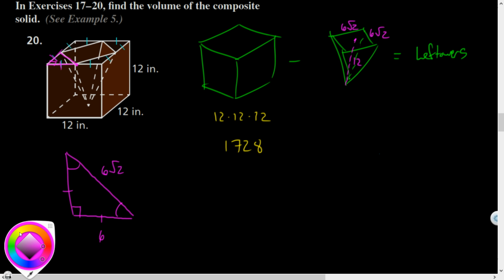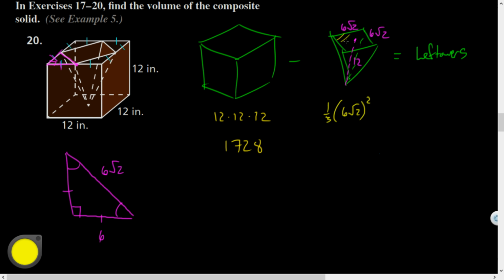So, as far as the volume of that pyramid, it's going to be 1/3 the area of the base, which is 6 rad 2 squared, because it's a square, right? Multiplied by the height being 12. All right, 1/3 of 12 is 4. 6 squared is 36.